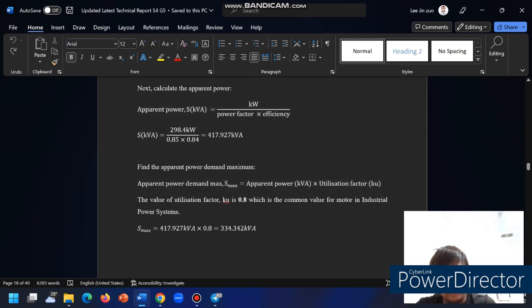After we find the apparent power, we need to find the maximum apparent power demand, S max, which is the apparent power times the utilization factor, KU. The KU selected is 0.8, which is the common value for motors in an industrial power system.